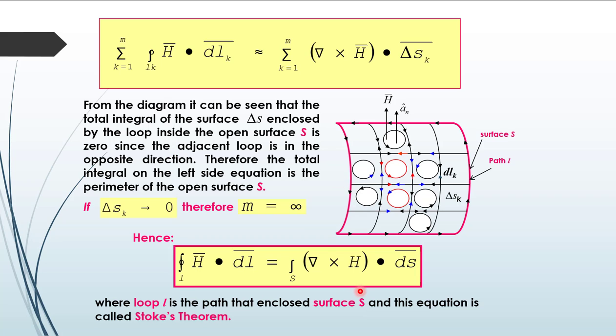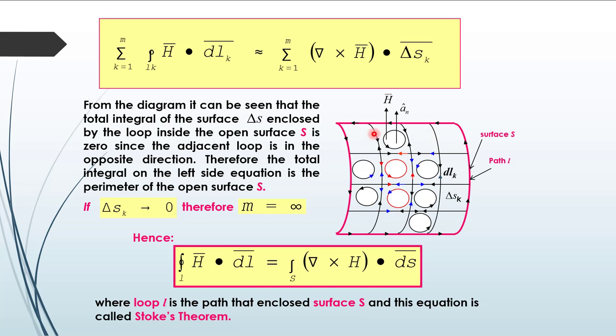There are many such areas which are enclosed, and each area has one direction of circulation of H, but the area next to it will have a similar circulation.